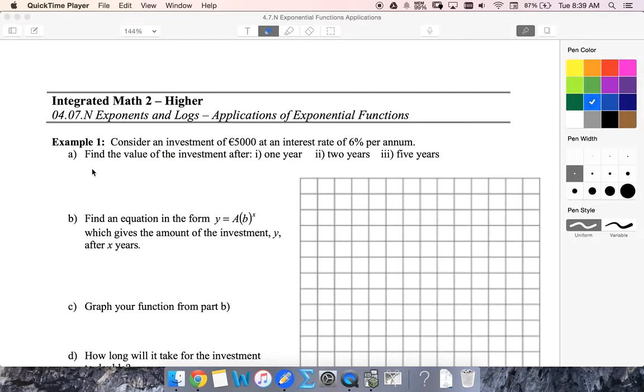So that means that after the first year, I'm going to call that n equals 1, we're going to get 5,000 euros, and we get 100% of that plus 6%. So I'm going to multiply that by 1.06 because again I want all of the 5,000, so that's 100% plus the 6%.